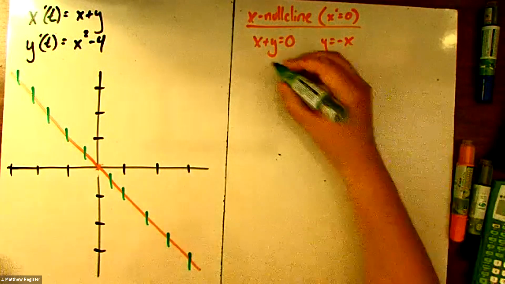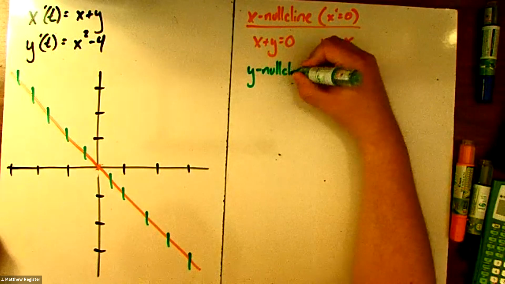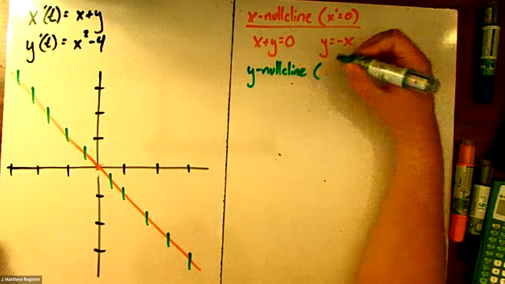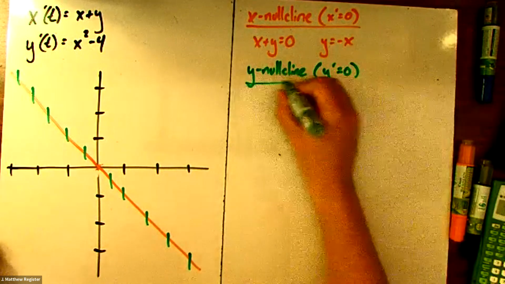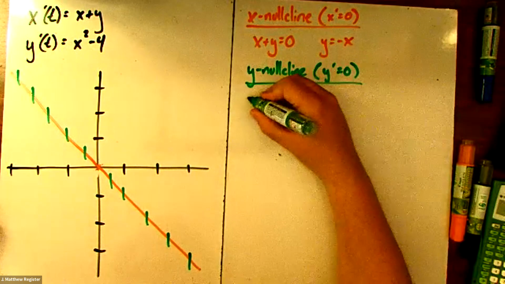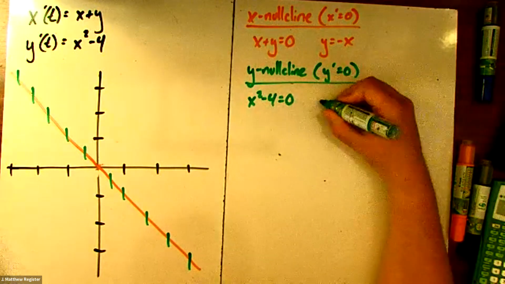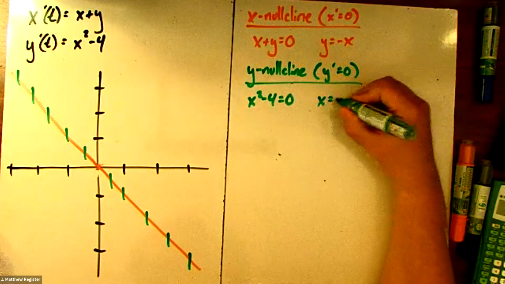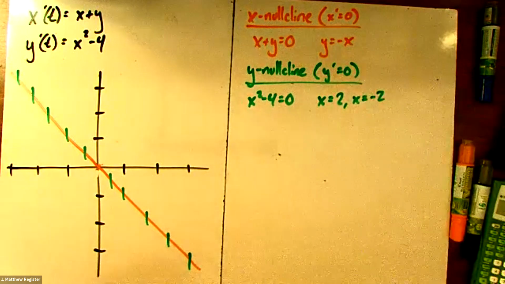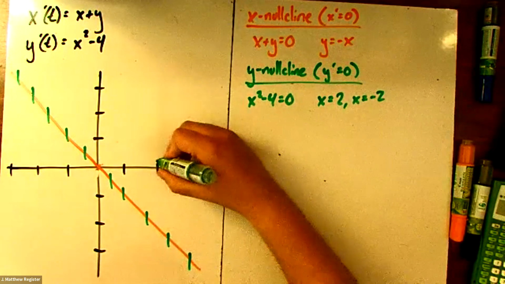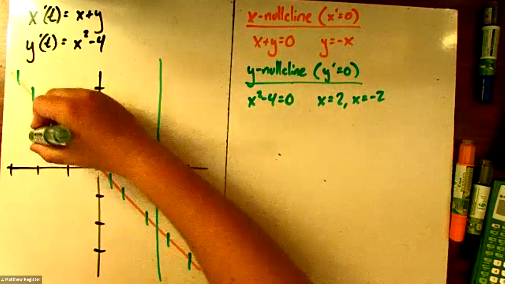To do the y null line, we do something similar. So the y null line is when y prime is equal to 0. And to figure that out, we would say x squared minus 4 equals 0, which tells us that x is equal to 2 or x is equal to negative 2. And so when x is equal to 2 or negative 2, we have our y null lines.